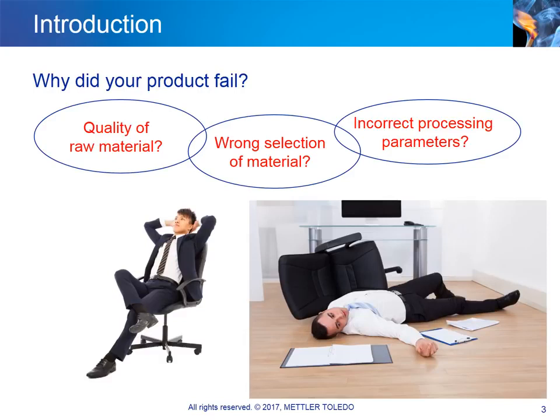So, how can a product fail? Most often, product failures are related to design errors, poor quality or unsuitable materials, incorrect material processing, or manufacturing errors. For these reasons, it is vital to determine whether a material exhibits the correct properties for its intended use.